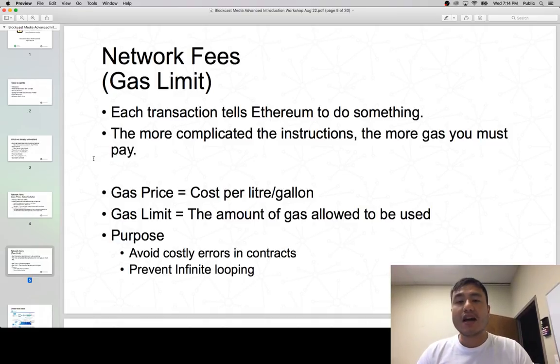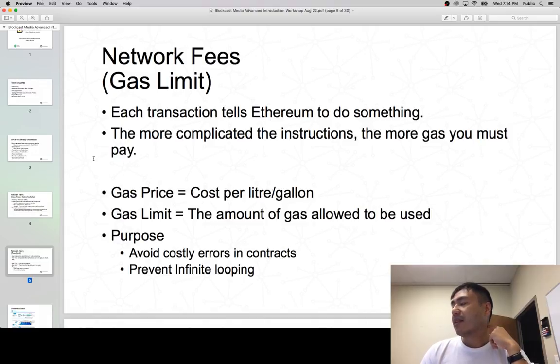And what the gas limit does is it limits the ceiling of what this costs, so that if you have a bad instruction, it doesn't go eating away at your ether as you're putting it into the transaction there.